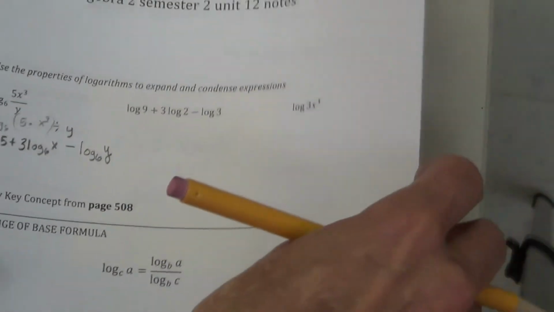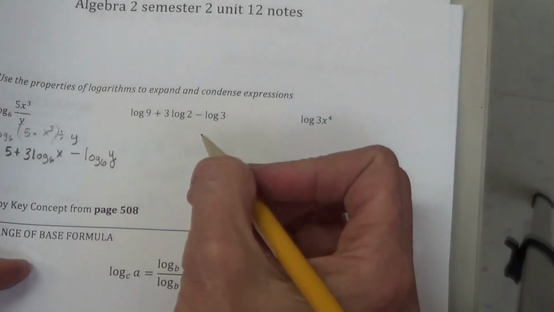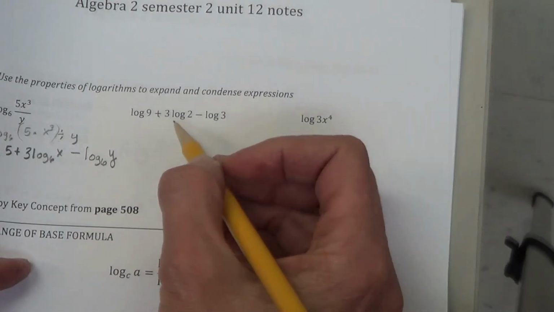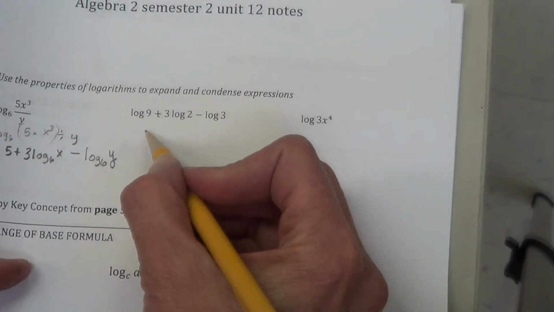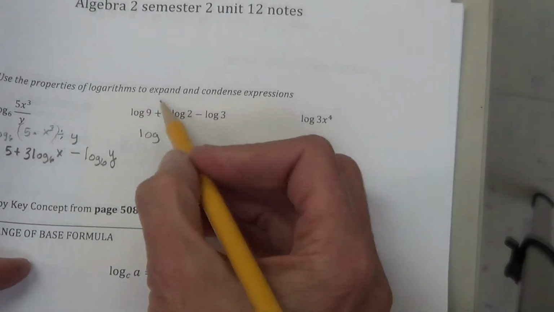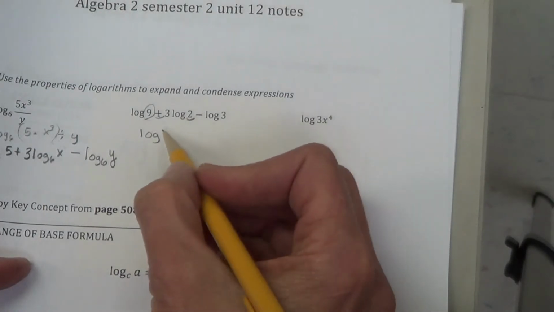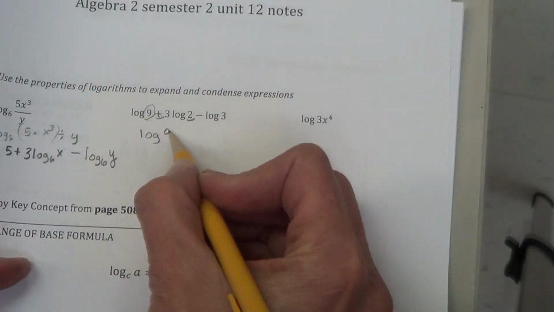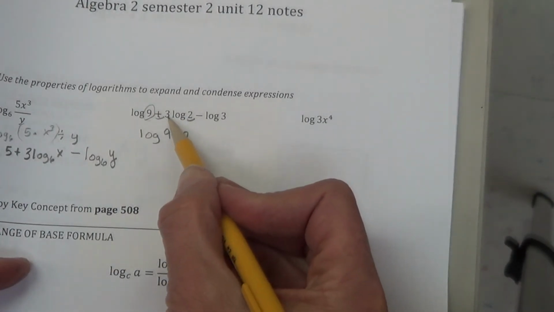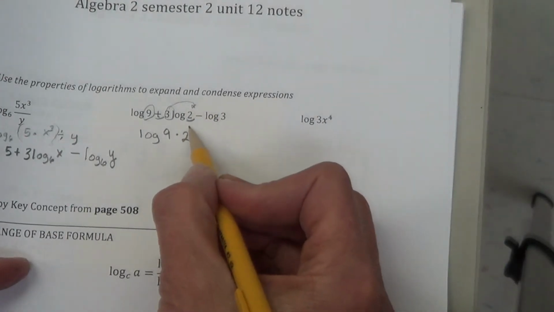Now, the next one, it's backwards of expanding, now we're going to condense. So in place of the plus, we're going to put a times. So we have log out front. We have 9 plus 2, 9 times 2. Now that 2 should be raised to the third power, because remember that would be our exponent.